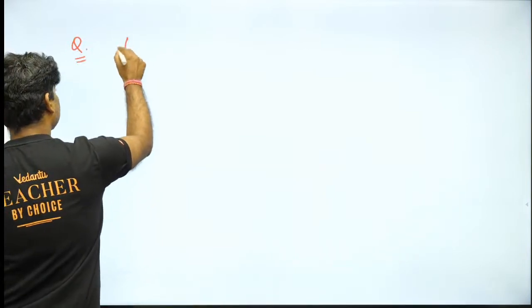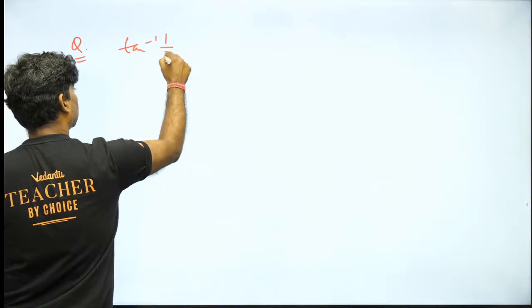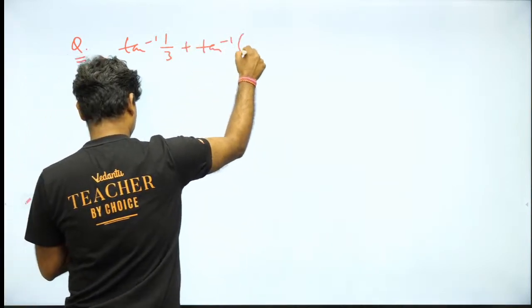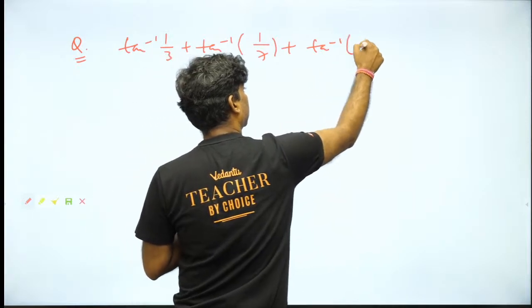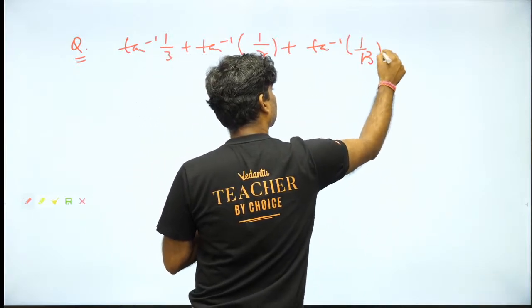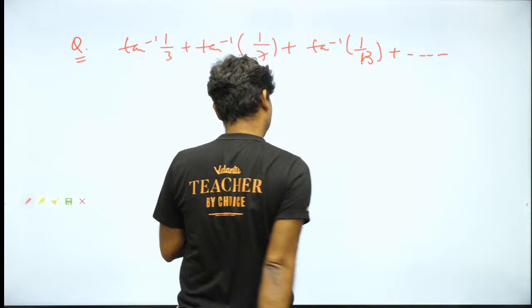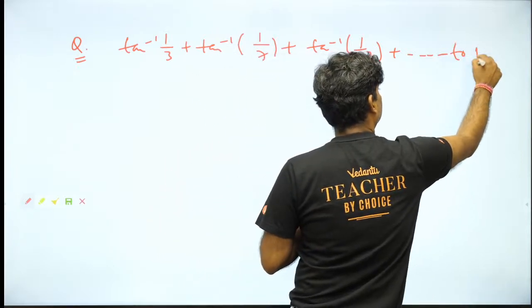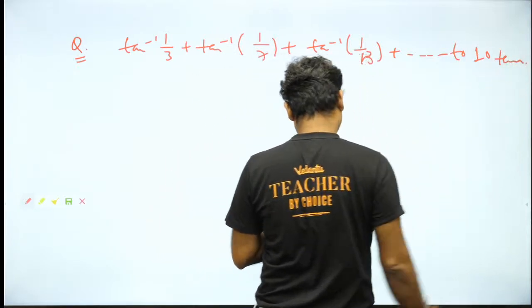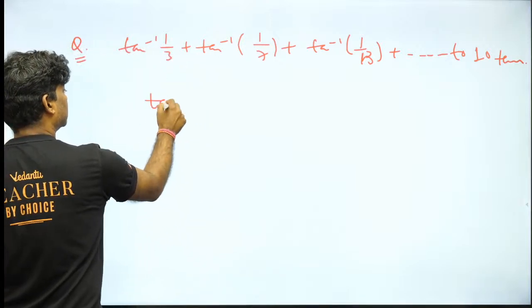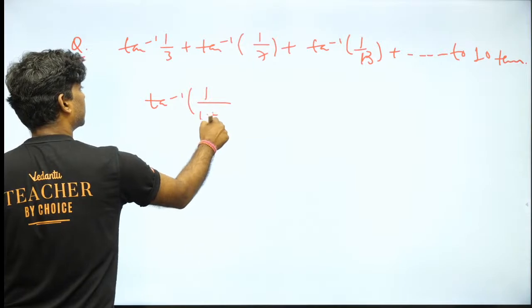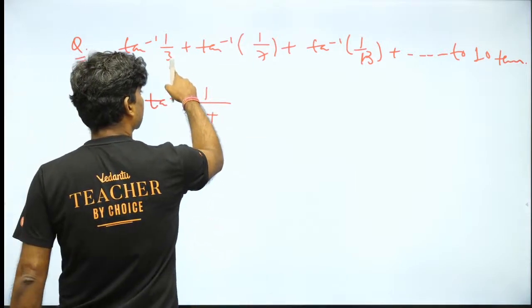You might have solved this in the chapter inverse trigonometric functions. Very common question of inverse trigonometric functions. See, tan inverse of 1 by 3 plus tan inverse of 1 by 7 plus tan inverse of 1 by 13, right? Up to 10 terms.